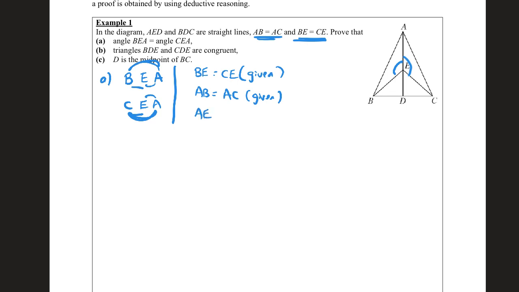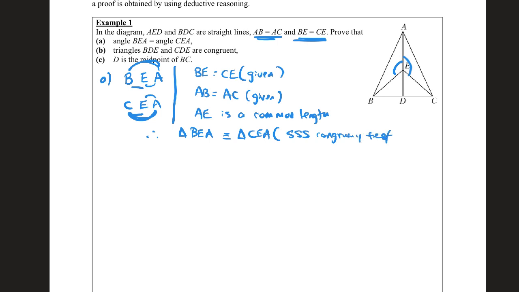So AE is a common length. Therefore, we can prove that triangle BEA is congruent to triangle CEA using the triple S congruency test.